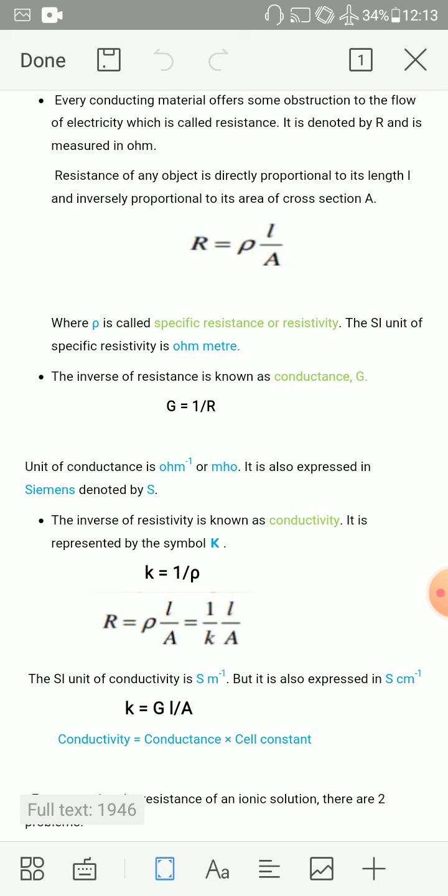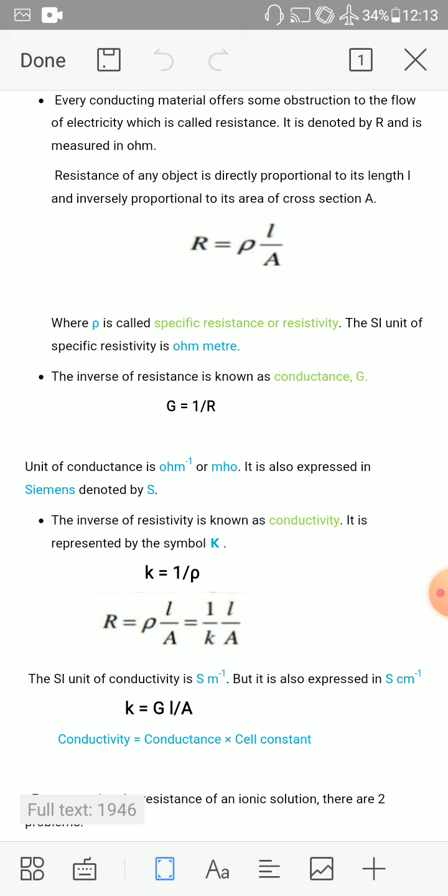In the CGS system, the unit of conductivity is Siemens centimeter inverse.